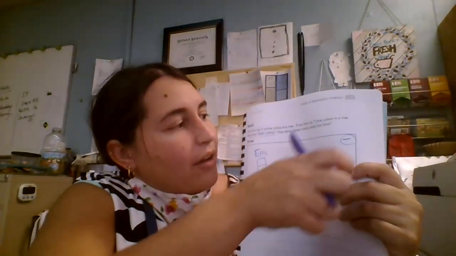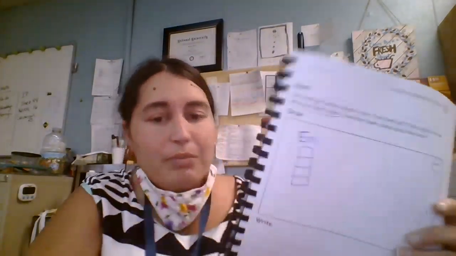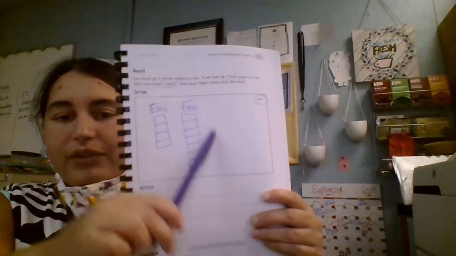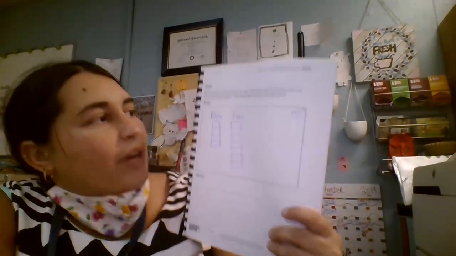It's 1, 2, 3, 4 for Emmy. Then Fran has 7 blue cubes, so I need to draw Fran 7. 1, 2, 3, 4, 5, 6, 7. Okay, here I have 7 for Fran and 4 for Emmy.